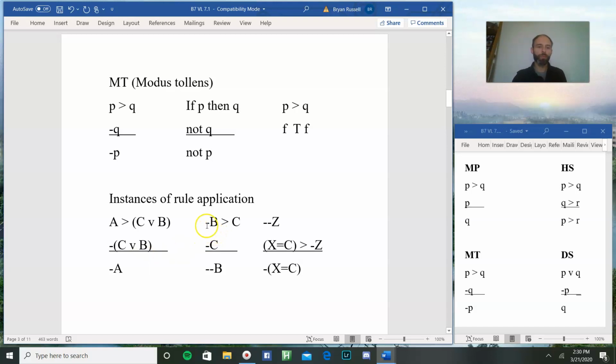Let's look at another example, because this rule will get a little tricky with tildes. You just have to keep in mind all the time that P and Q themselves can contain tildes.